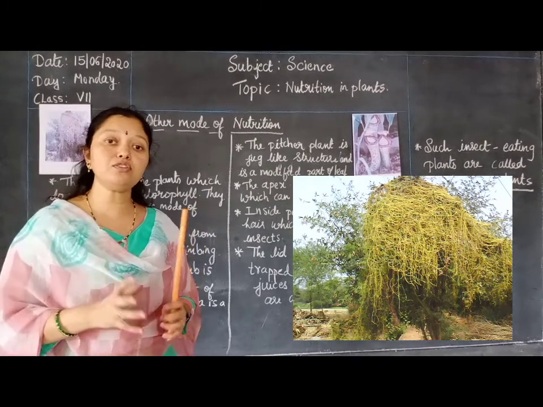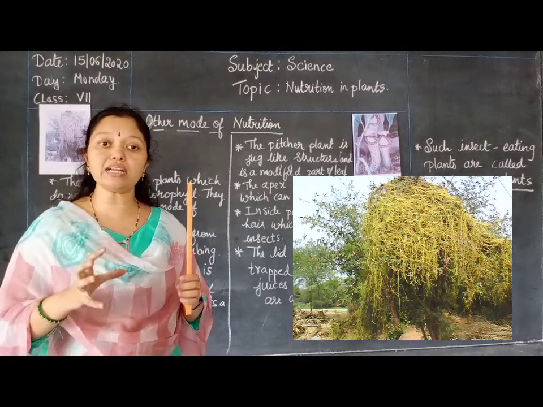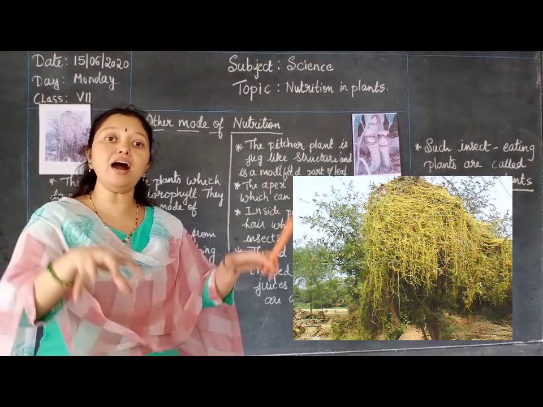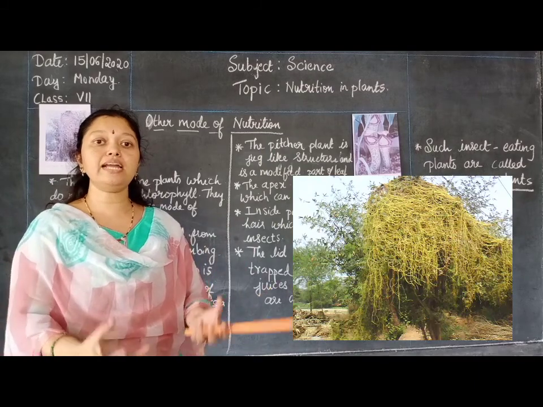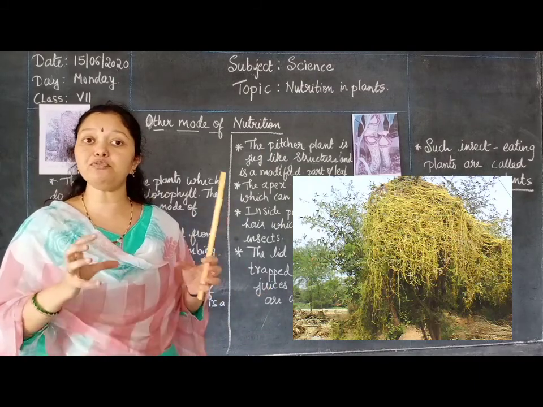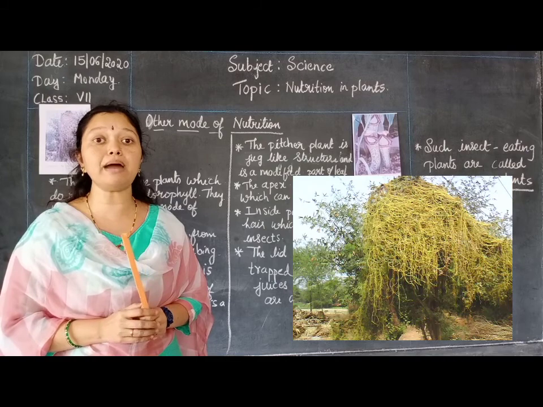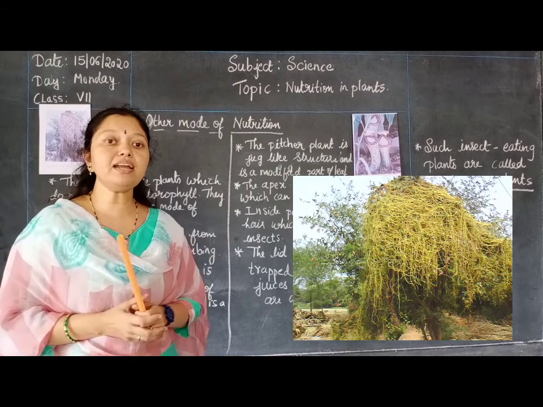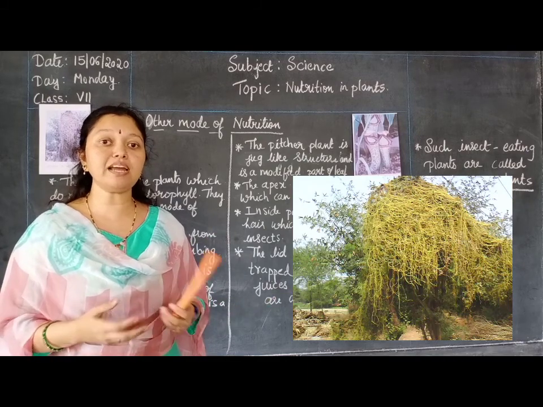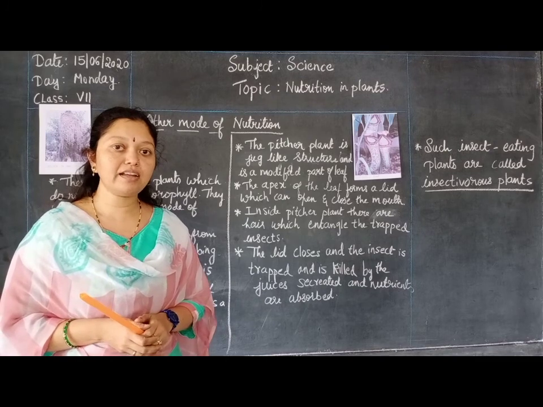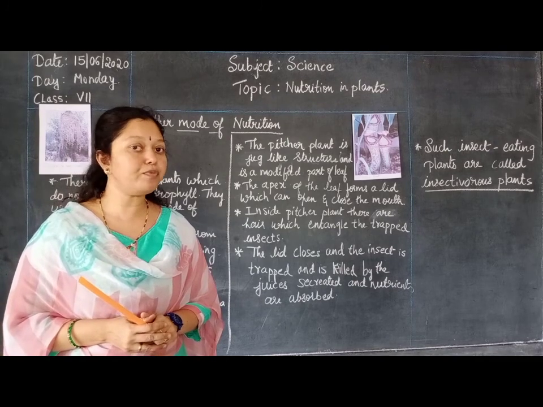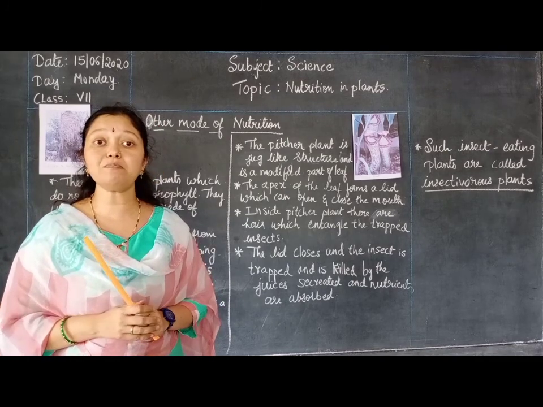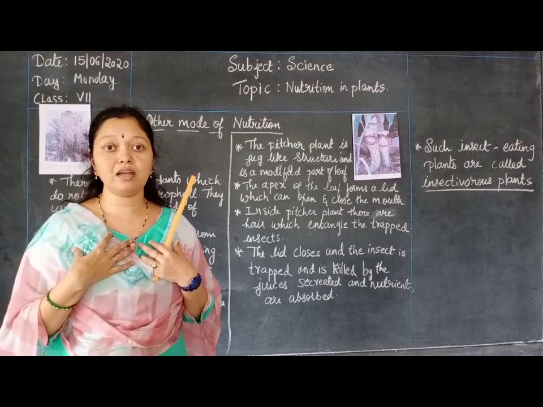So understood? What does parasite mean? The organism which depends upon another to take nutrients from its ready-made food is called a parasite. You may think that we human beings and animals are parasites. Are they called parasites? No, we are not parasites. Why?